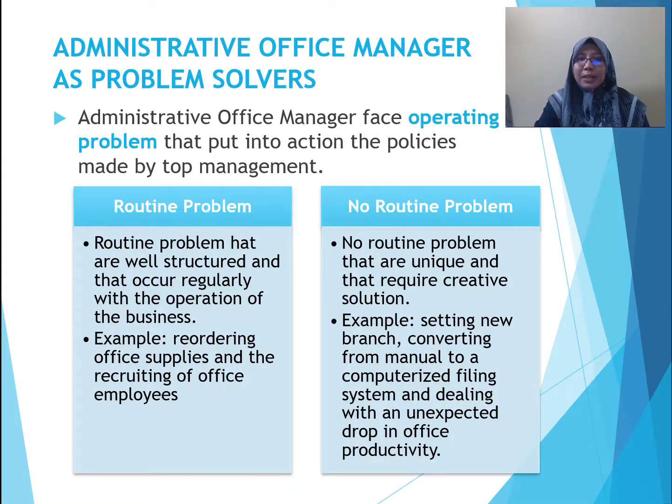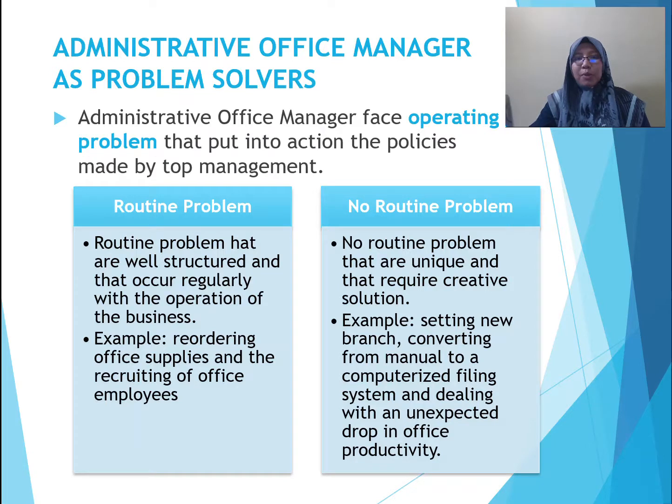Okay, the next one. You need to know that administrative office managers face operating problems that put into action the policies made by top management. There are two types of problem, which is the routine problem or non-routine problem.